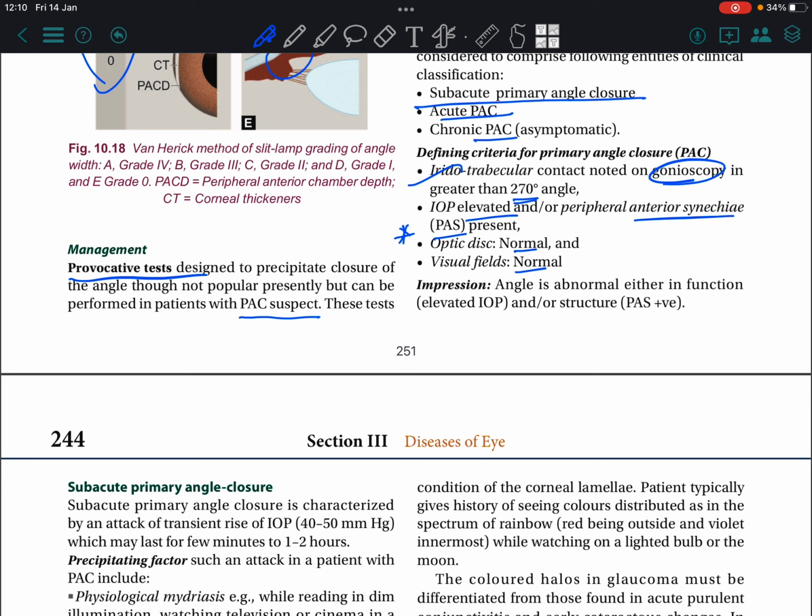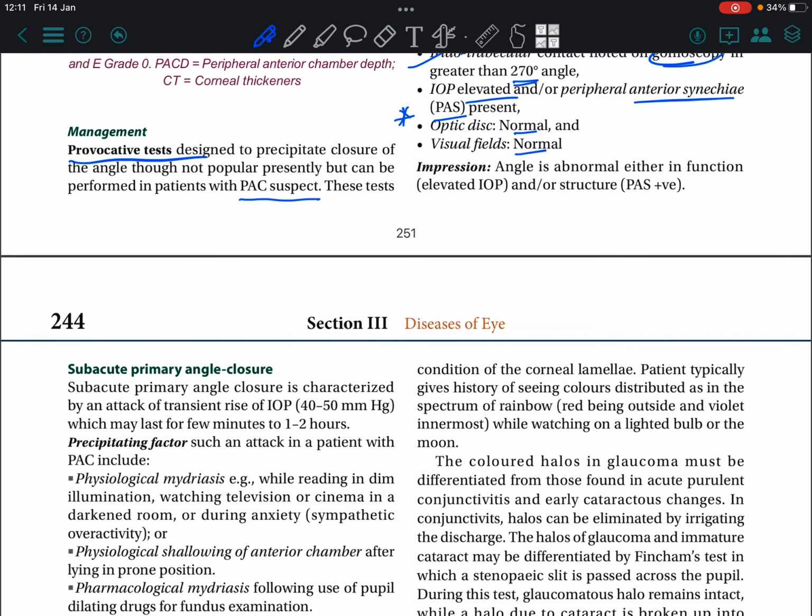Two conditions: iridotrabecular contact greater than 270 degrees, IOP increased and peripheral anterior synechiae present. Remaining are normal: optic disc and visual field. Impression: angle is abnormal either in function or structure.